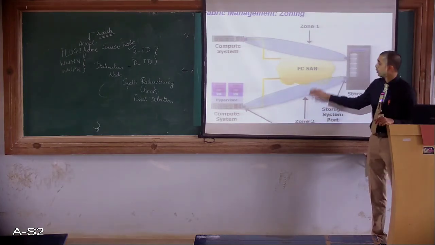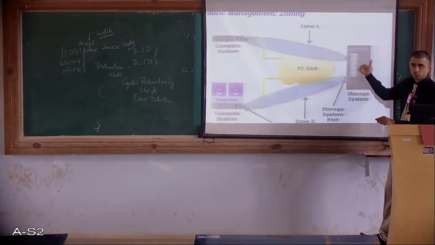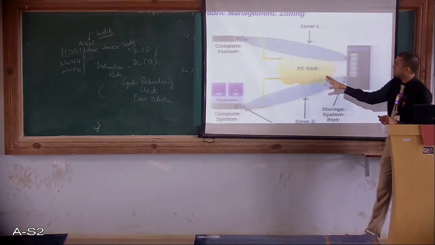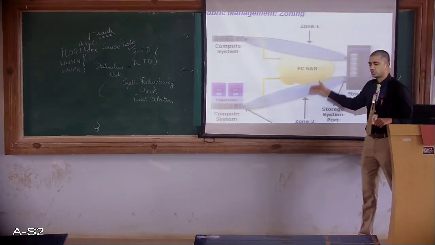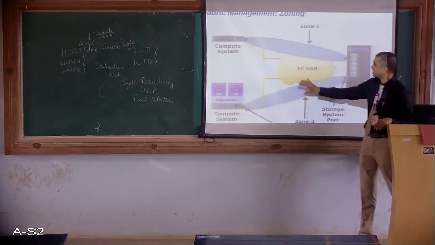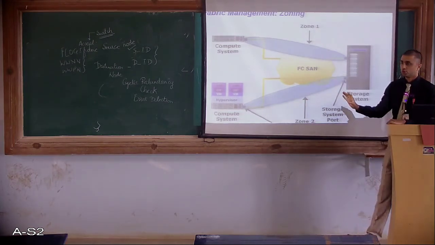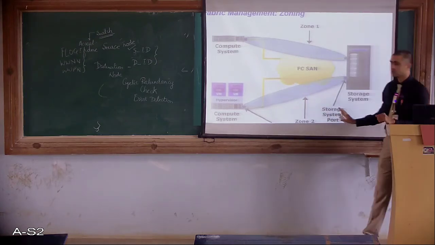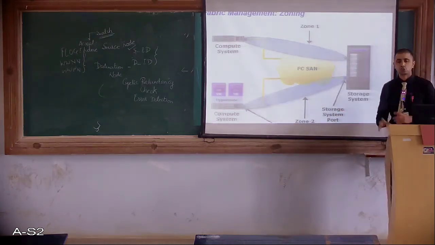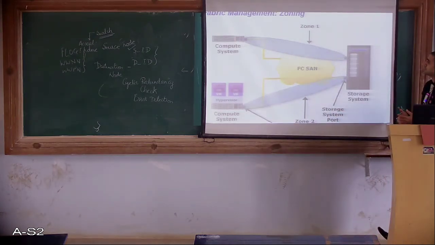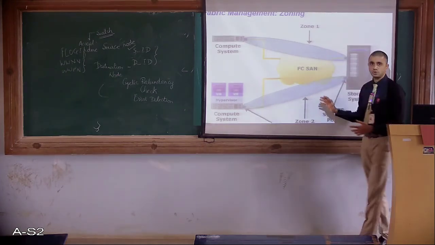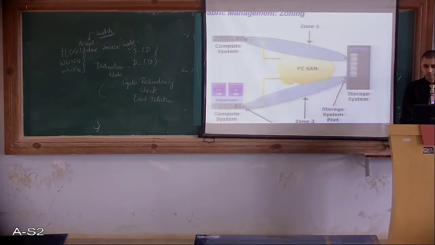So if you want to logically divide all the nodes present in the fiber channel SAN into logical divisions, then each of these divisions is called a zone. So zone 1 will contain a set of nodes, zone 2 also will contain a set of nodes. So this logical division of nodes present in a fiber channel SAN is called zoning. So what are the advantages of zoning?